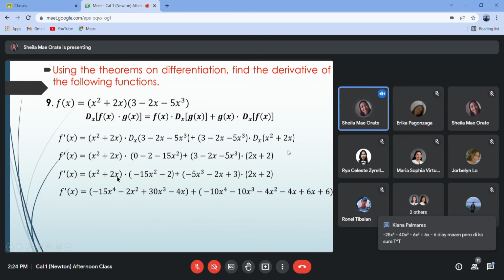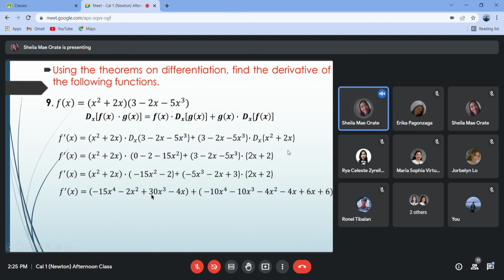Okay, nakita ko ang answer ni Kian. Plus, wait lang. First negative mo. Negative x squared, negative 2x. Ang si 30, di ba? Kay inner, 2x, negative 15. So, dapat negative 30 diri. Di ba?